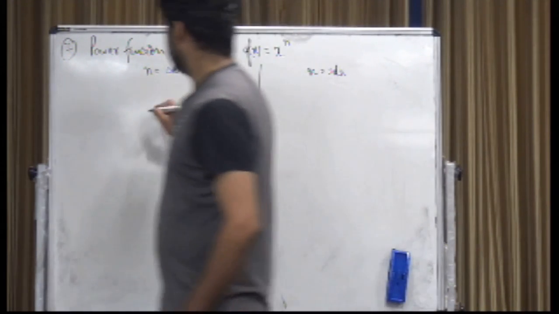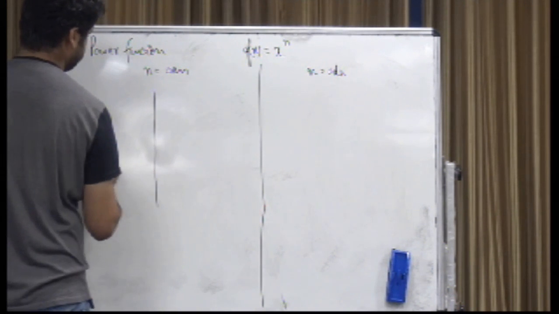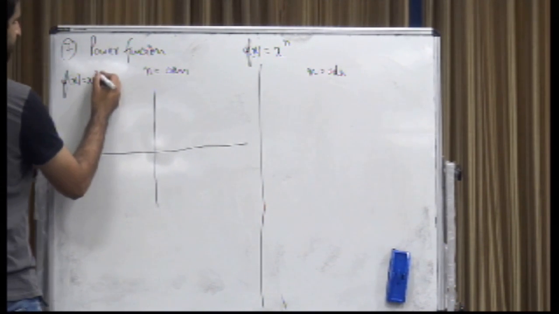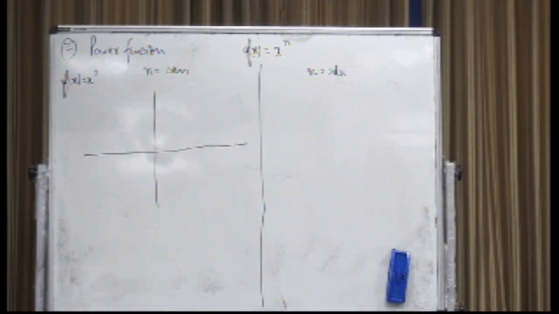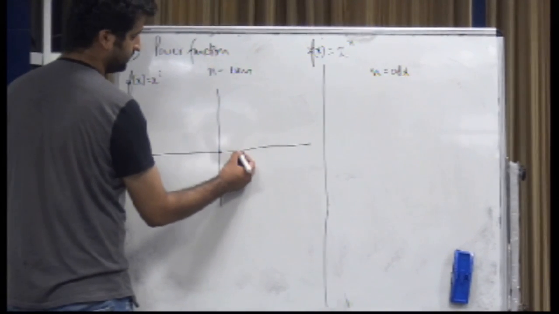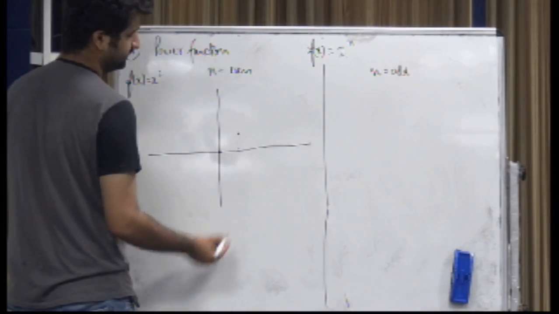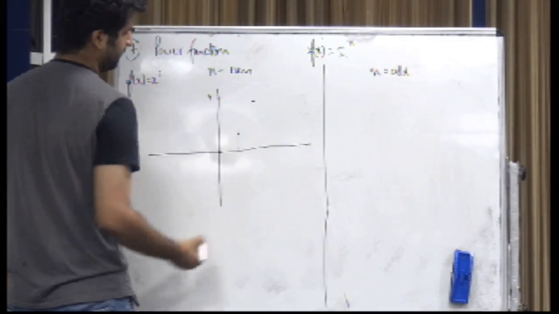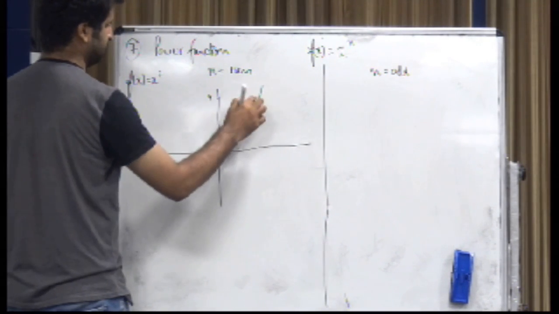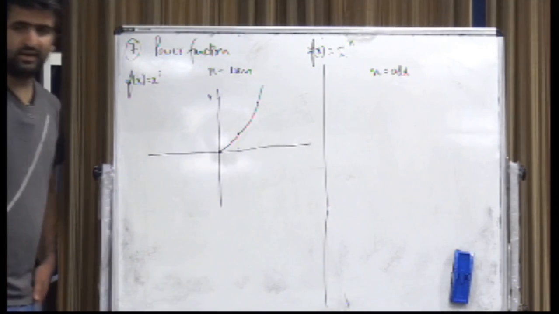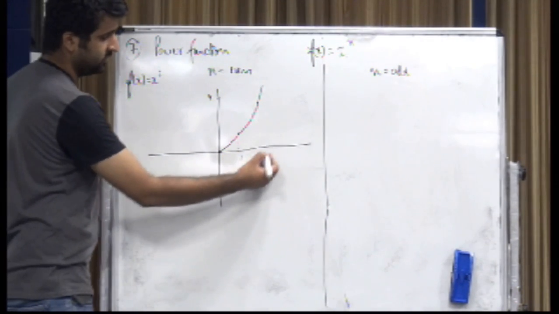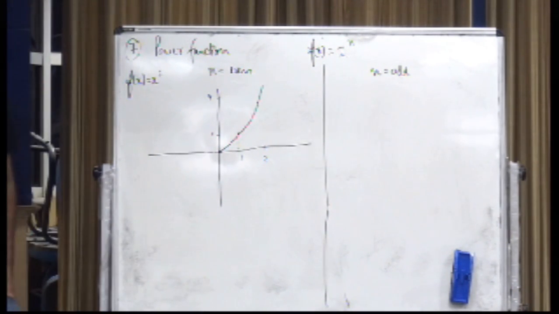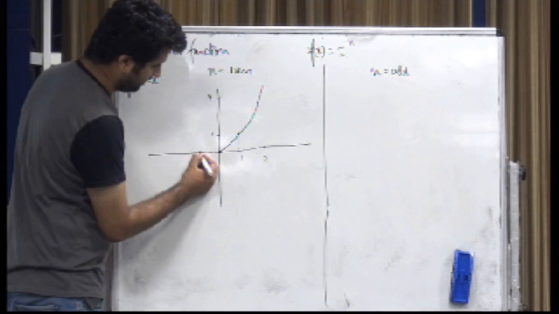So let's see the most basic example, f(x) equal to x square. At x equal to 0, the value is 0. At x equal to 1, the value is 1. At x equal to 2, it is 4. Right? So the graph moves like this. Similarly for negative values, let's suppose -1.